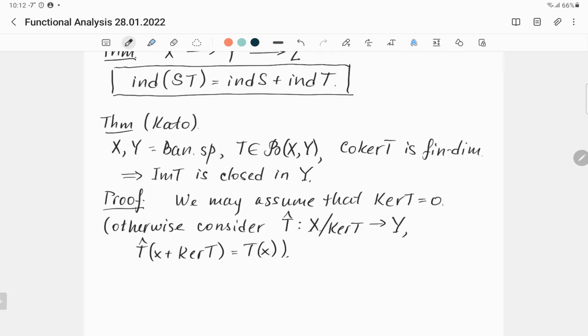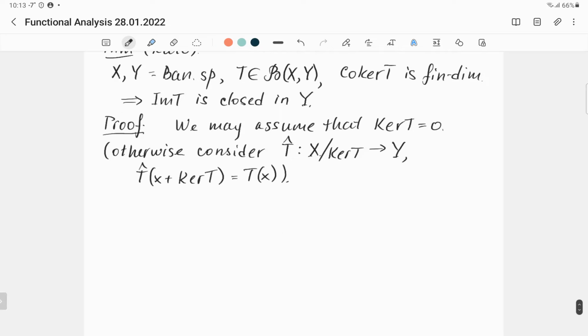Well, indeed, this operator T hat is always injective, so its kernel is trivial, and the image of T hat is equal to the image of T. So by using this trick, we reduce everything to the case where the kernel of our operator is trivial. So for convenience, we assume from the very beginning that the kernel of T is trivial.